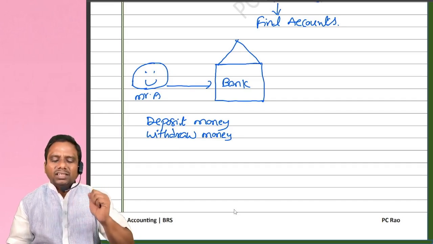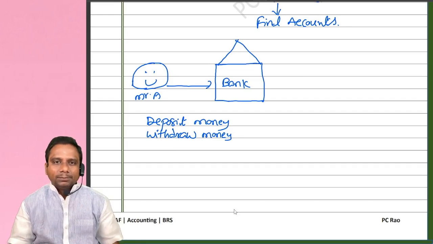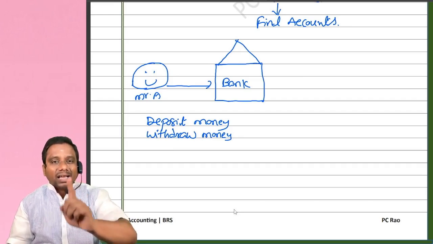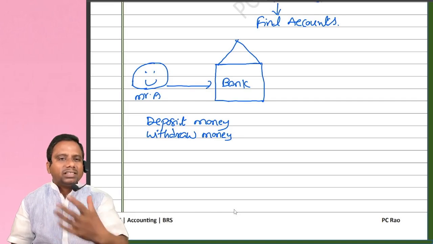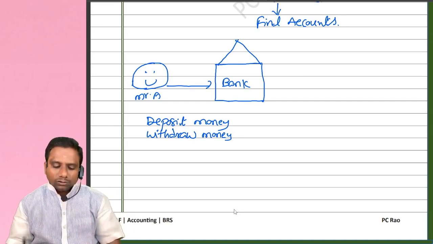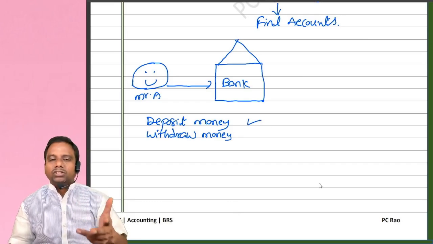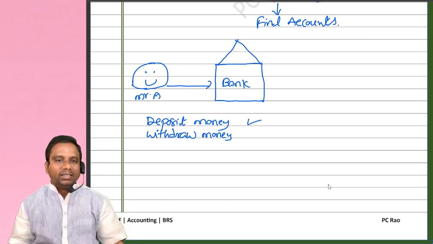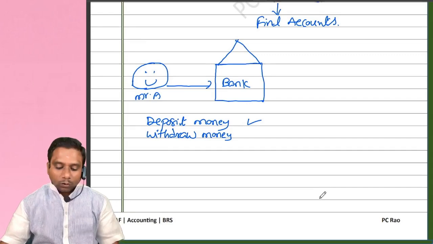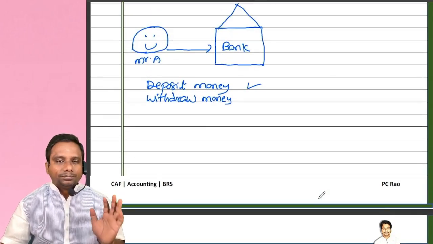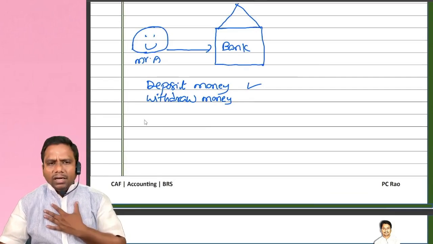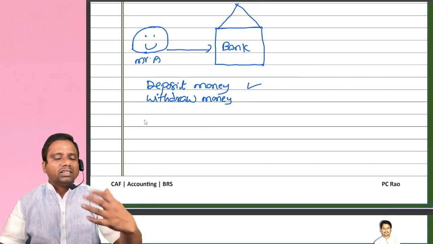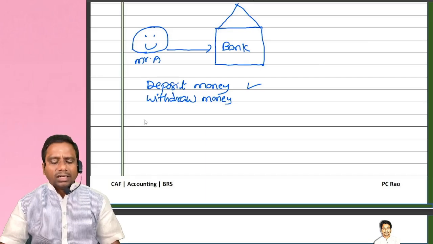So these are the various transactions between Mr. A and the bank. We do so many transactions with the bank, but only two kinds: deposit and withdraw, though in different ways or forms. When you deposit money, immediately we record this transaction in our cash book. Which cash book do you maintain?